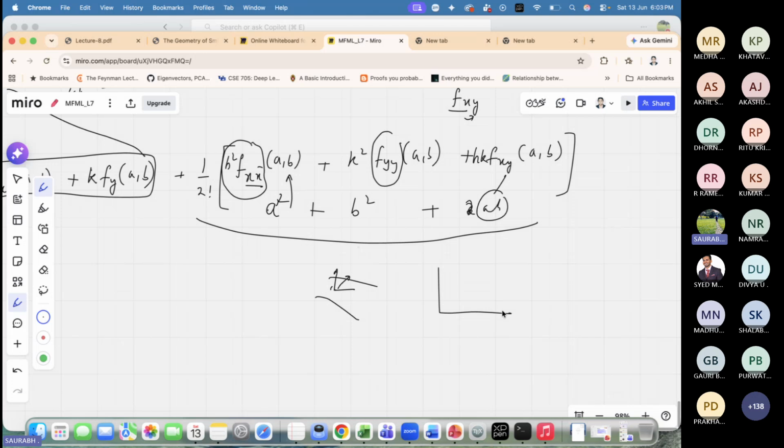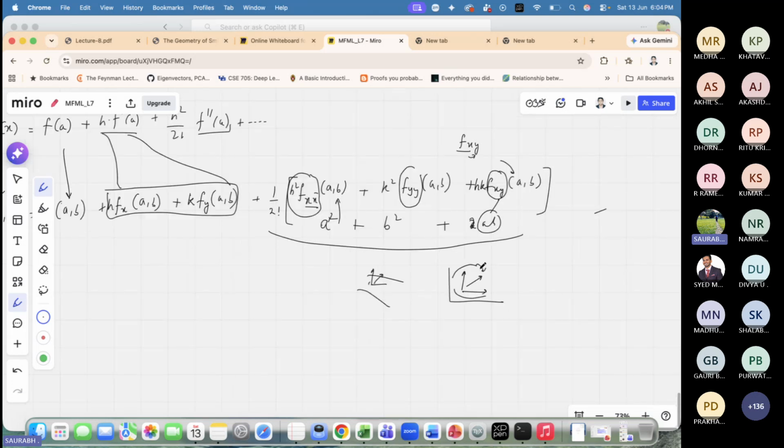You are not measuring the change with respect to one direction alone, you are also measuring the change with respect to x and y together. So you will have to add f_xy as well, at (a, b). How does the slope of the function change in this direction around the point (a, b)? So you have three different terms to be known from your exam point of view.